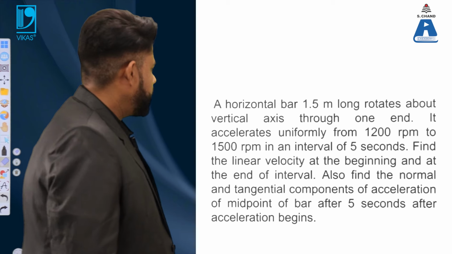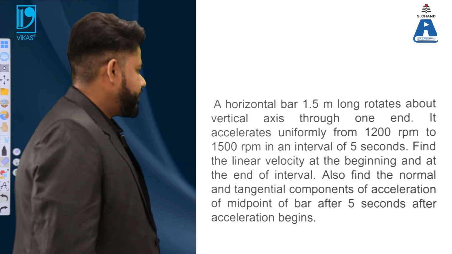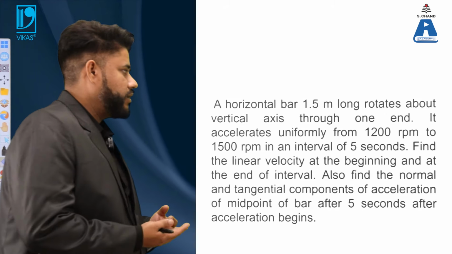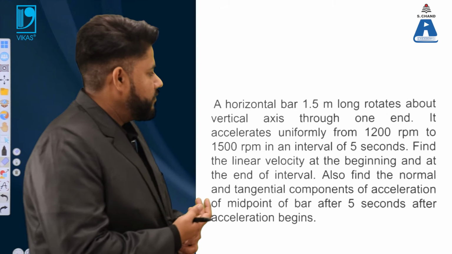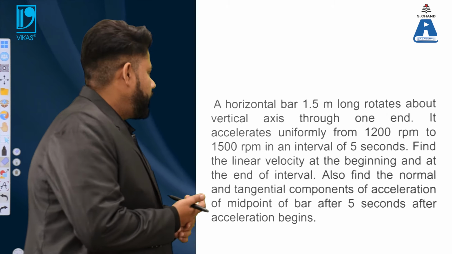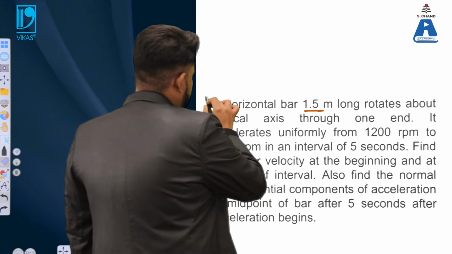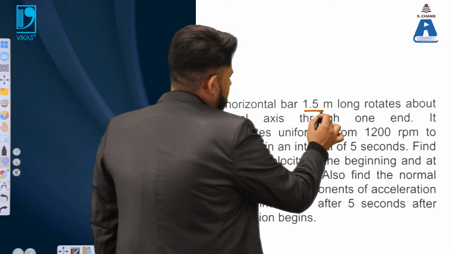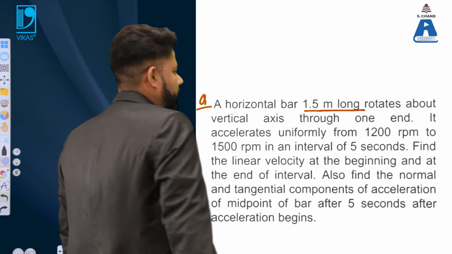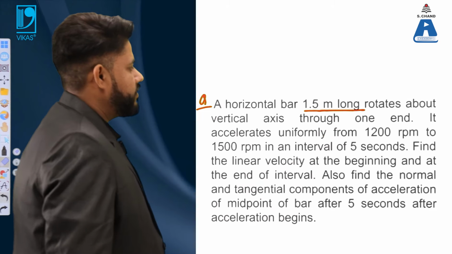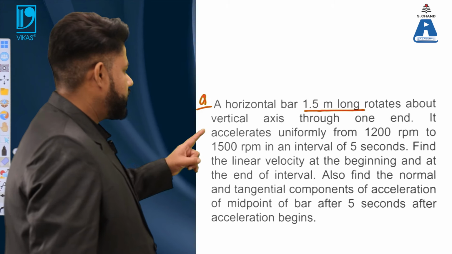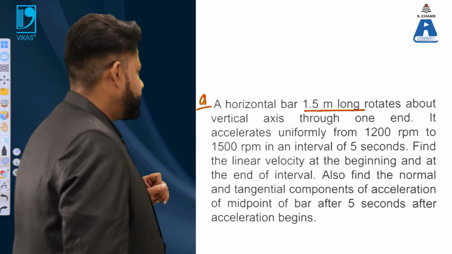Now the second question, which is related to the concept of rigid bodies. The second question states that you have a horizontal bar of length 1.5 meters. It rotates about a vertical axis through one end.